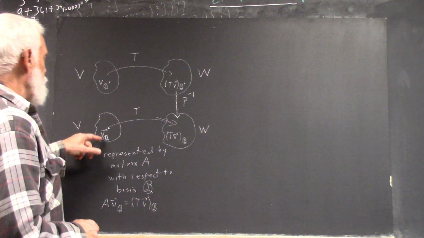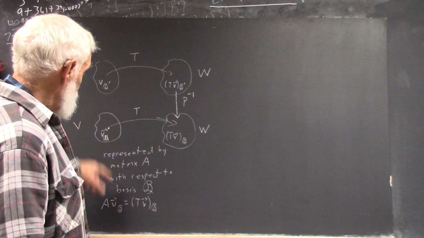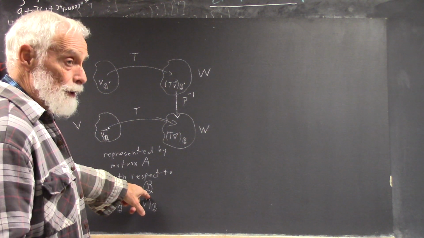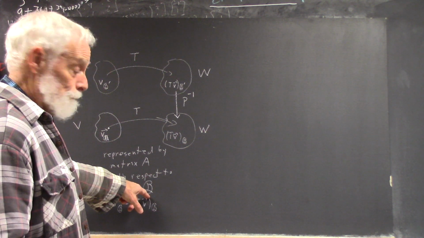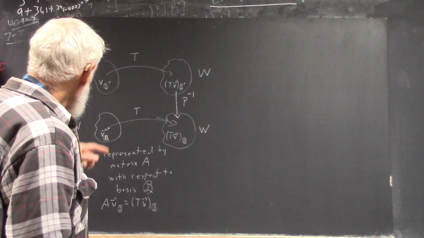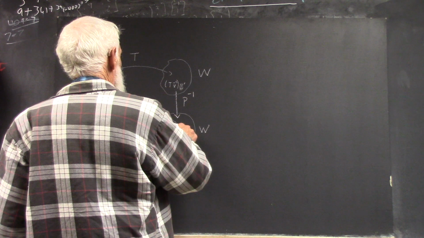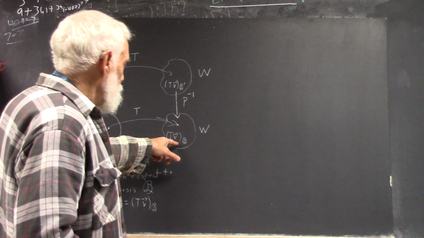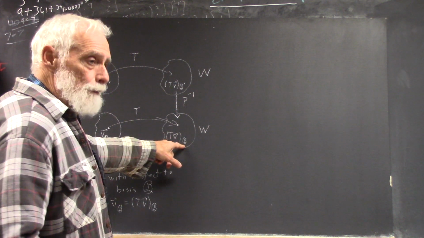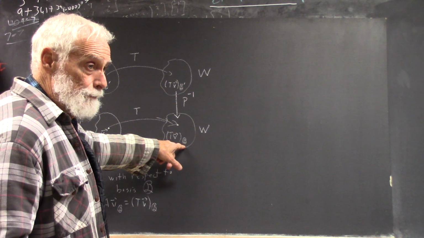It's got representation V sub B, where B is some basis, and it goes by the transformation over here to a vector that we'll call TV, which over here we're again representing with respect to basis B.